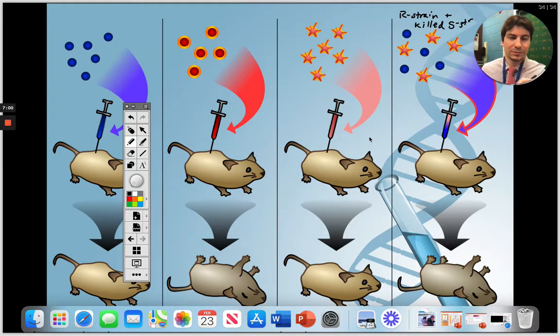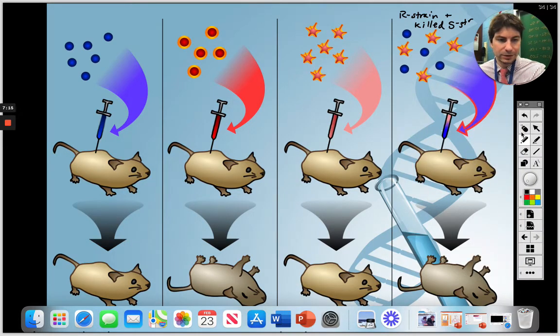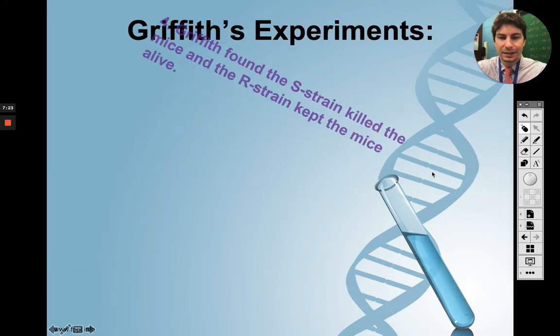No, we'll just do STR for strain. So they put the R strain, which was harmless, with the heat-killed S strain, which also let the mouse live, but combined them together and the mouse died. So that's what we have to kind of wonder what happened. What happened to that last mouse that we put two things in that didn't kill it and it died?